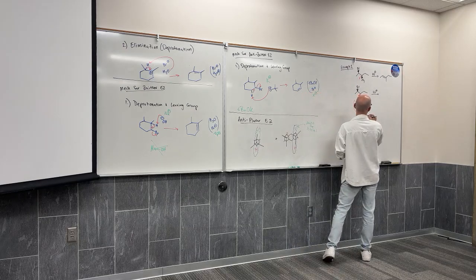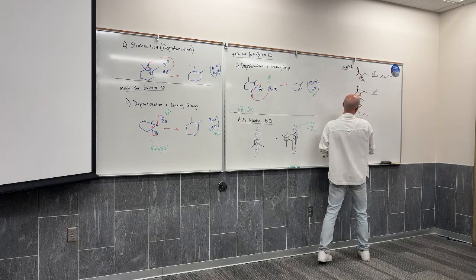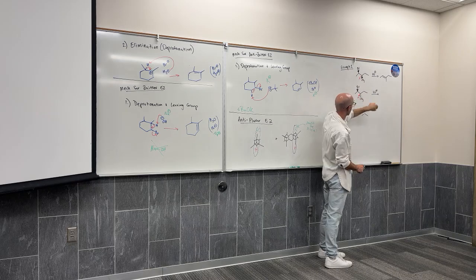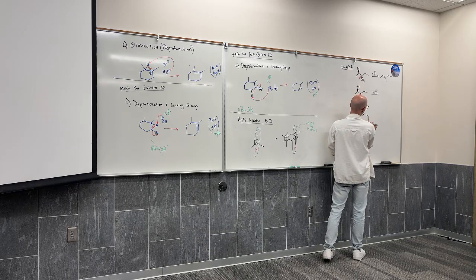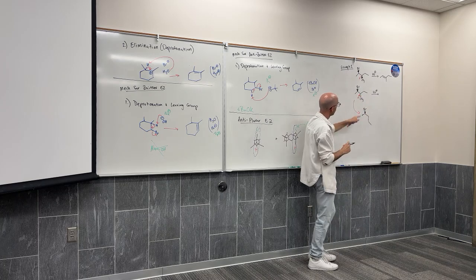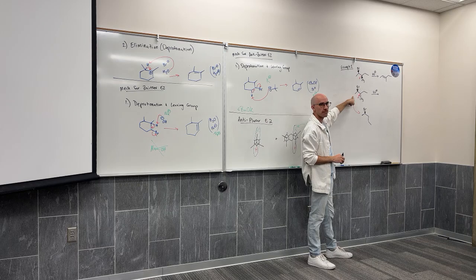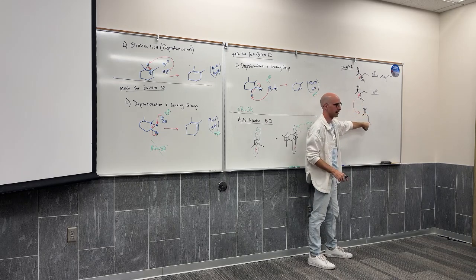And there's two ways you can do this. You can either show the rotation of the bromine and methyl, or you can show the rotation of the hydrogen and methyl. And that's what I'm going to do. I'm going to keep the bromine in the same place so it stays wedged. But I'm going to take this ethyl chain, and instead of being zigzagged, I'm going to make it zig-zig.